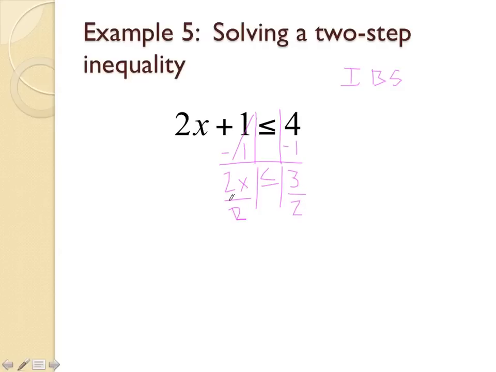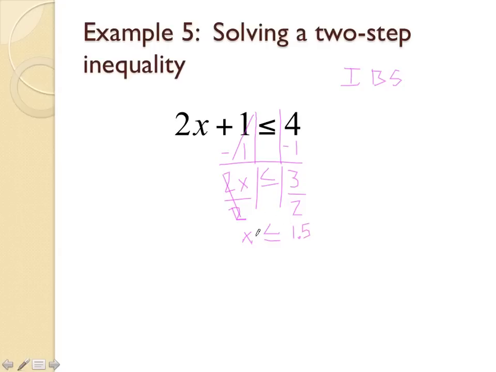And now I'm going to solve. So I've inversed, I've balanced, and now I'm going to solve. I'm going to cross out the 2's. They will cancel each other out. I'm left with x. I bring down my inequality sign. I didn't do anything with negative numbers, so it stays the same direction. And 3 divided by 2 is 1.5.